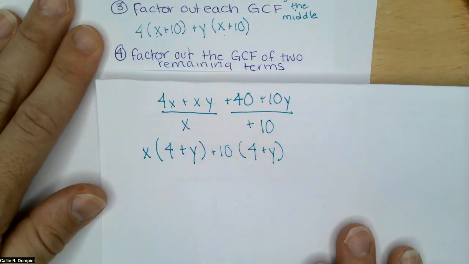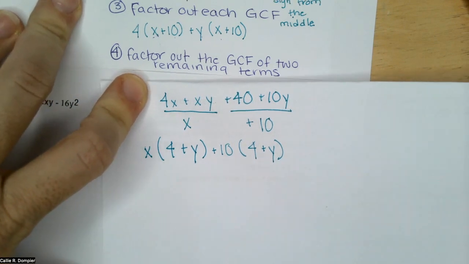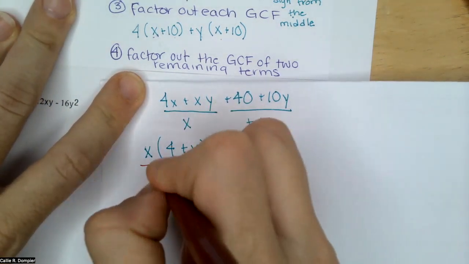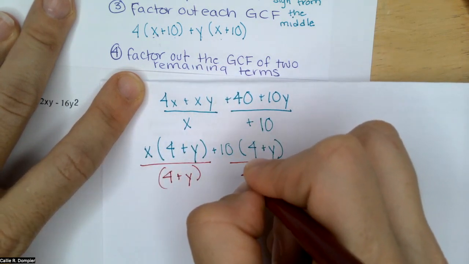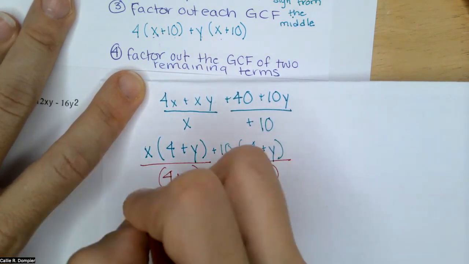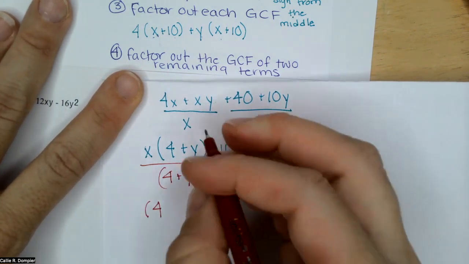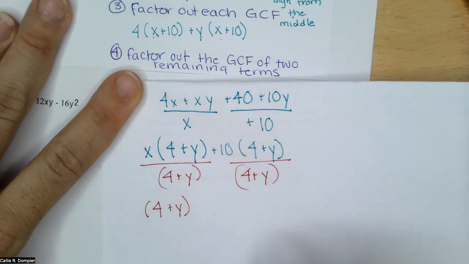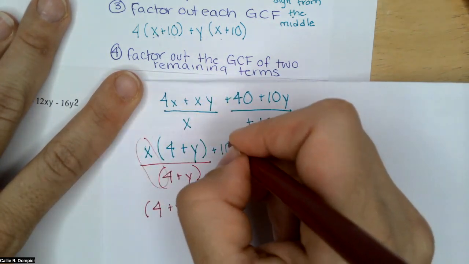So I factored out each of the greatest common factors, and now I have a greatest common factor of the two. And that greatest common factor is 4 plus y. I put that out front, just like I put the x out front here and the 10 out front here. The 4 plus y goes out front because it's my factor, and I'm left with x and 10.